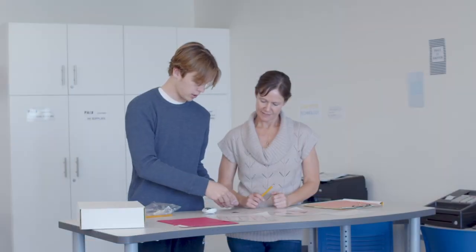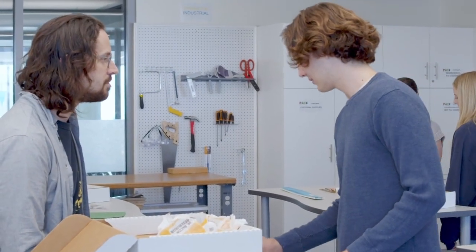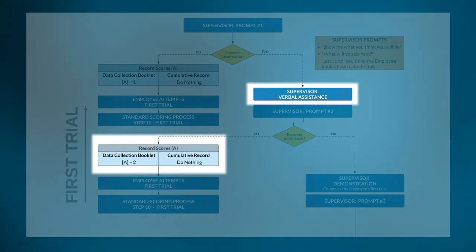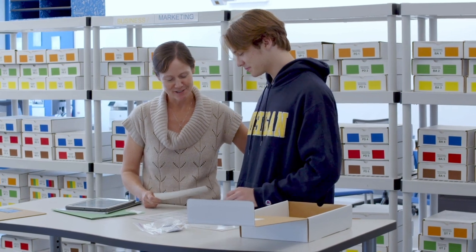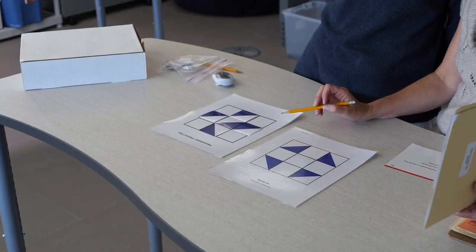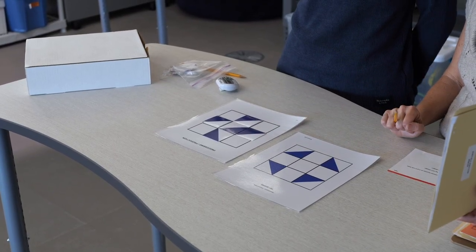However, if they do not explain or demonstrate what they need to do correctly, explain parts or even the entire job if necessary. This counts as a verbal explanation with a score of 2 for assistance. Be sure you are only giving verbal information about how to do the job at this point. Remember not to use your hands to show them how to perform procedure steps.